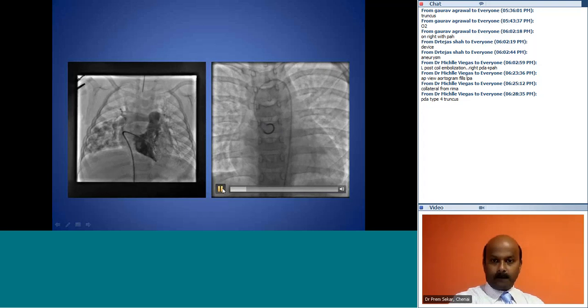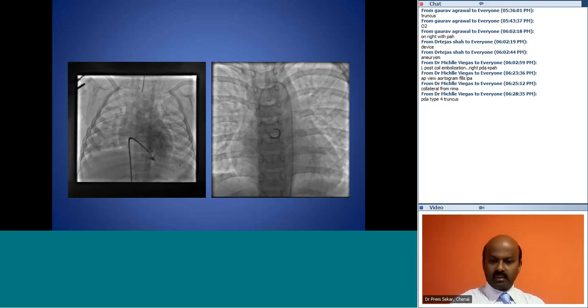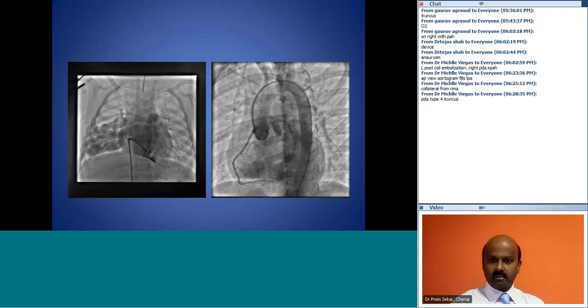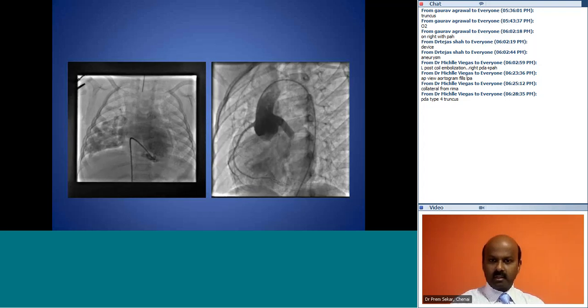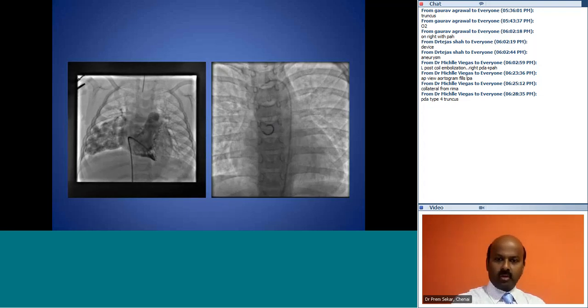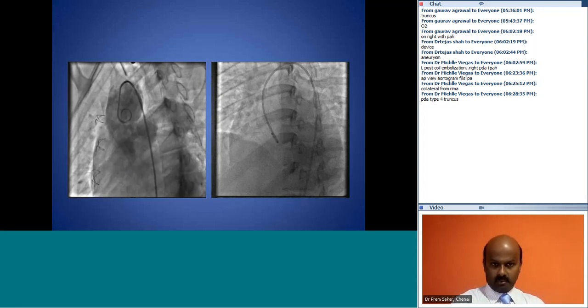On the right is an angiography of a coronary cameral fistula. Again, when the coronary cameral fistula is from left to right with a significant shunt, you can hear a continuous murmur, again located in an unusual position. This is the aortopulmonary window.